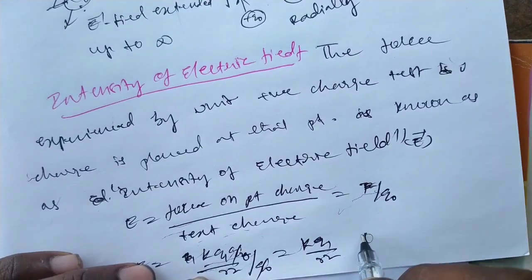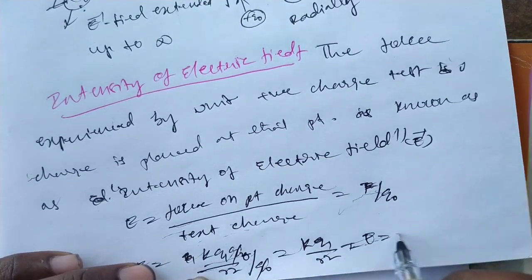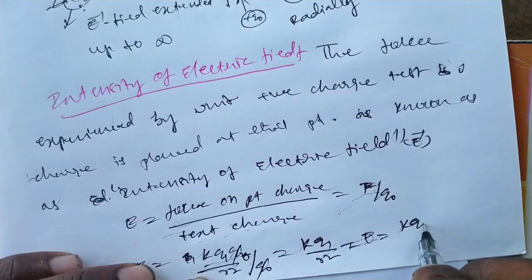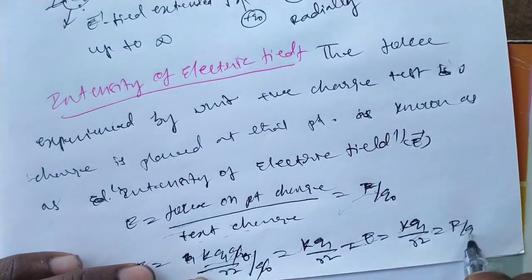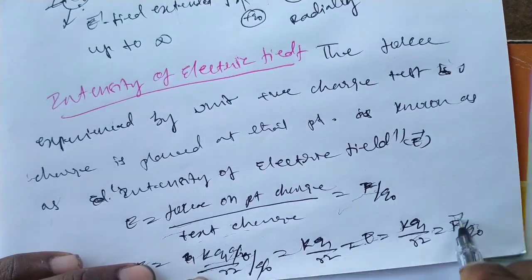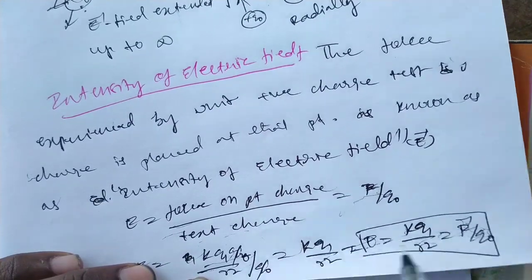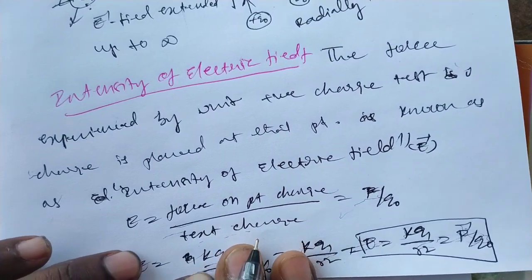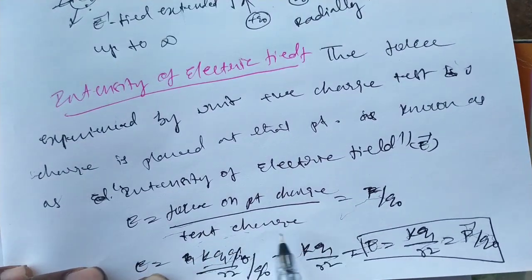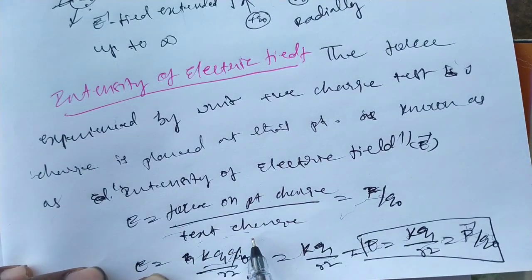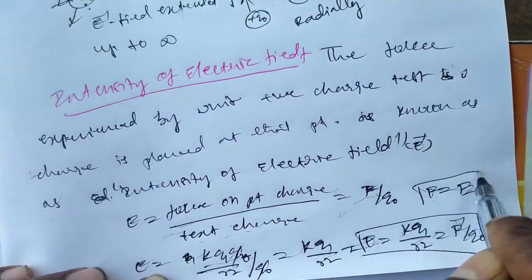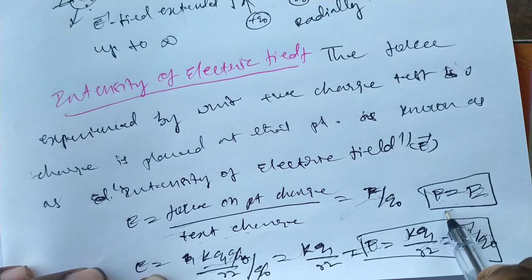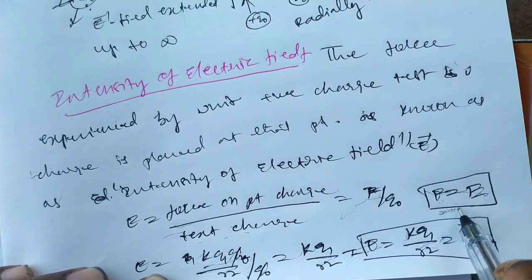Electric field intensity E is equal to k q1 by r square, or F by q naught. When the test charge is equal to 1 coulomb, E is equal to F, that is, intensity is equal to force.